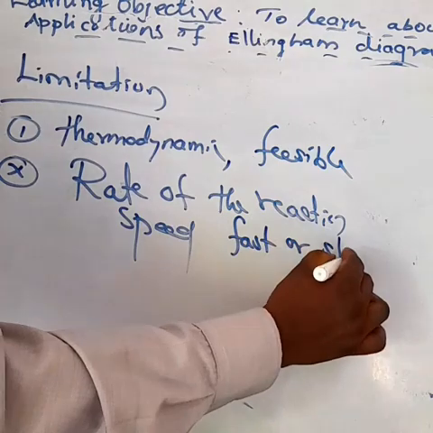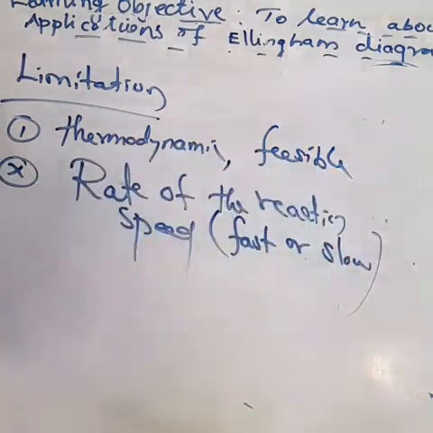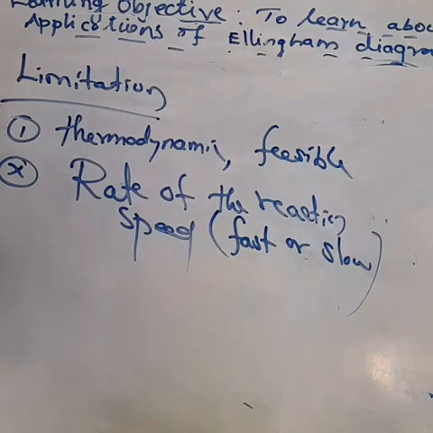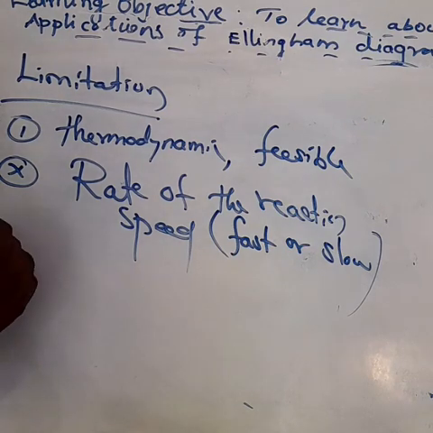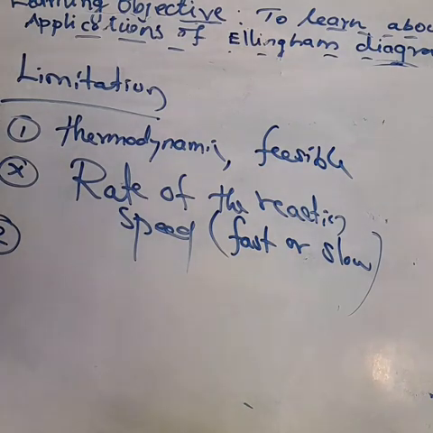The reaction may be going at high speed or low speed. Am I right? But it does not tell about the rate of the reaction. And one more point, it does not give any idea about the possibility of other reactions.